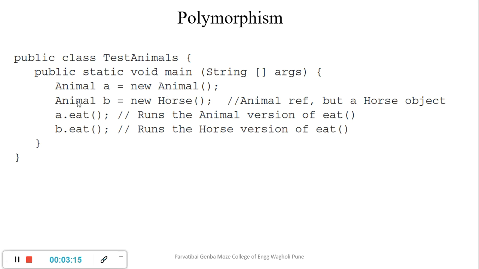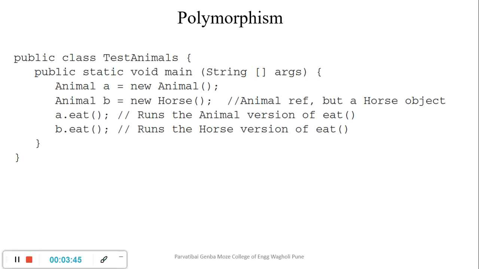Horse extends from the Animal class, so we can create Animal b with a Horse object. You can read it as an Animal reference but a Horse object. So when the b.eat method is run, then the Horse version of the eat method runs. So this is a polymorphic example.